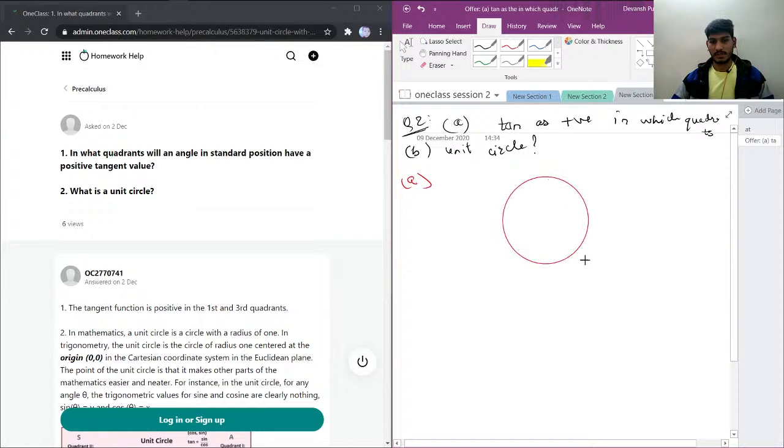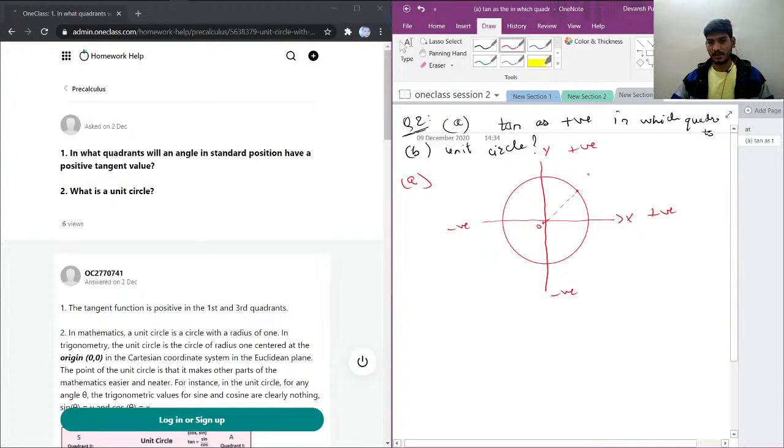Let's draw a unit circle, and I'll just manually draw the axis. Let's say this is x-axis, this is y-axis. So let's say this is positive direction and this is positive y, this is negative y, and this is negative x. This point is 0.